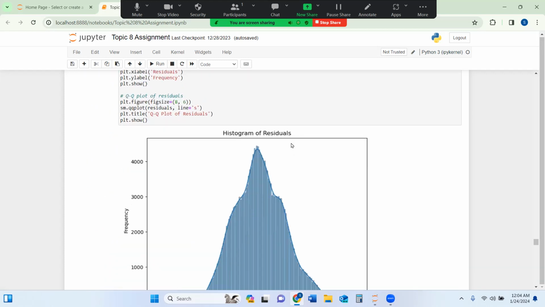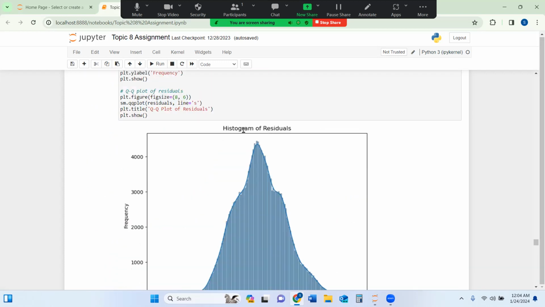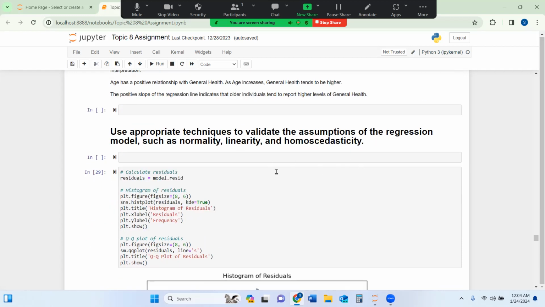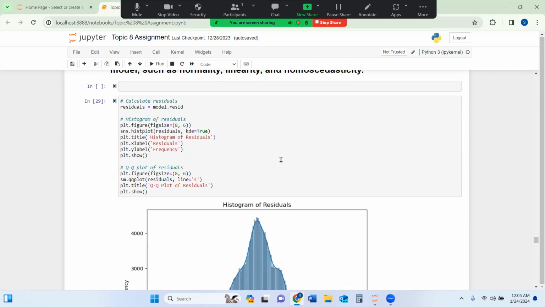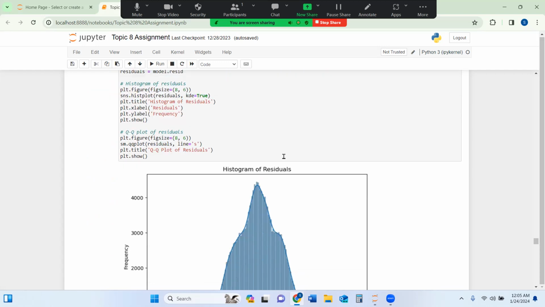And my assumptions here that I show, the appropriate techniques to validate the assumption are linearity.